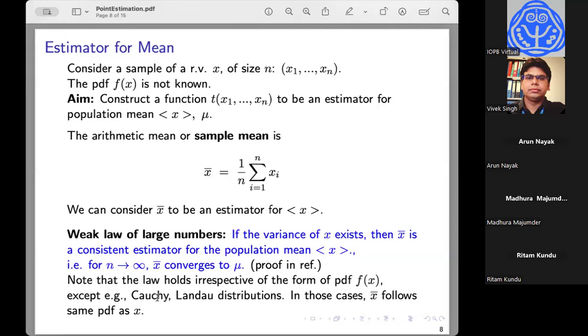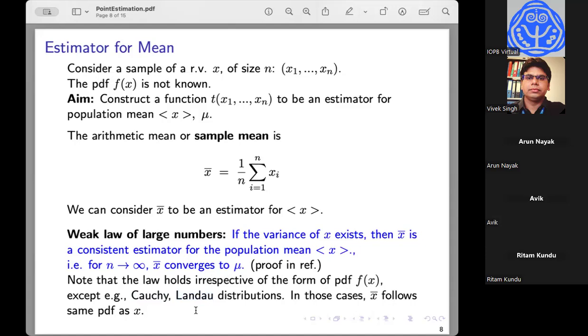You can tell me why this law will not be valid for these. Do you know if the variance exists for Cauchy and Landau? Anyone? You should find out. In these exceptional cases, x bar will follow the same PDF as x.